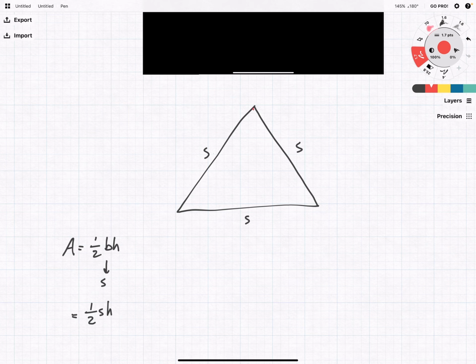That's a line that comes down from the top of the triangle and forms a right angle. This line is our height, some mystery number. We don't know what the height is. That's what we have to find. But this line that we drew to bisect the triangle is going to give us some new ratios for our triangle.